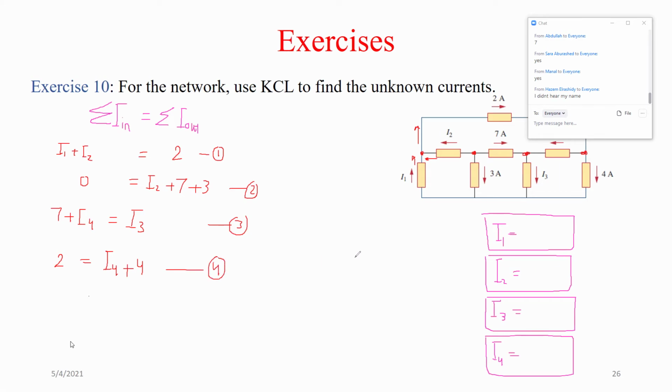Now let's look at the equations that we can solve right away. Equations 2 and 4 you can actually solve because they have one unknown. So from equation 2, I can say I2 equals negative 11 ampere.